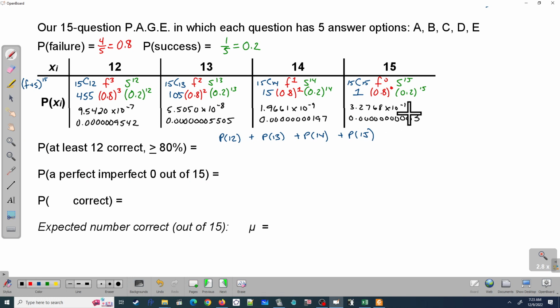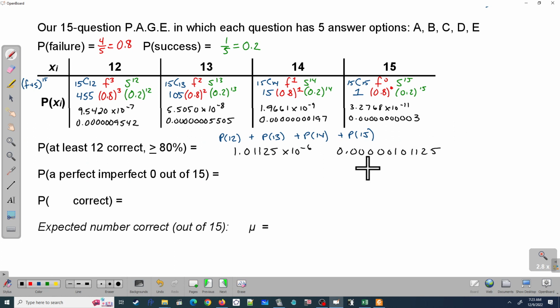So when I actually added up all these probabilities, this probability and that probability and that probability and that probability, it worked out to be 1.01125 times 10 to the negative 6, and that is roughly the same as 0.00000101125.